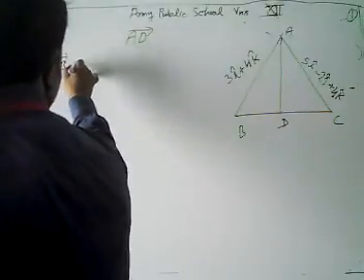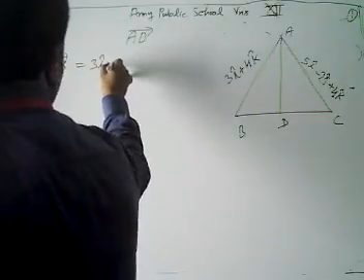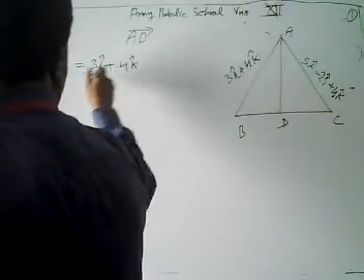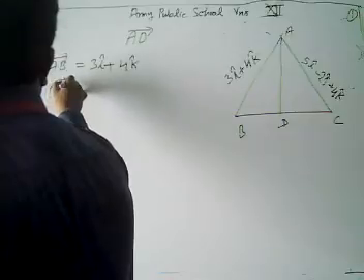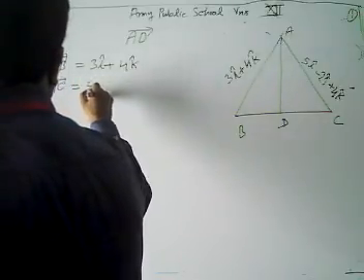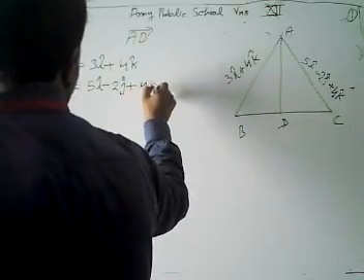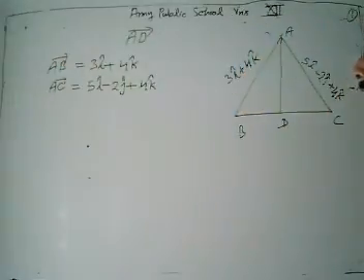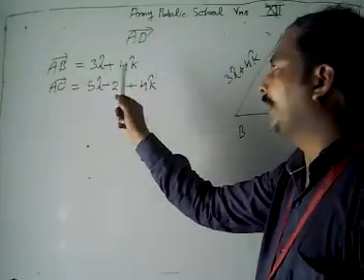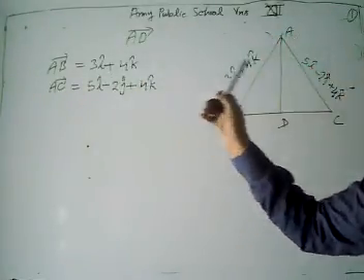Vector AB is 3i cap plus 4k cap, and vector AC is 5i cap minus 2j cap plus 4k cap.